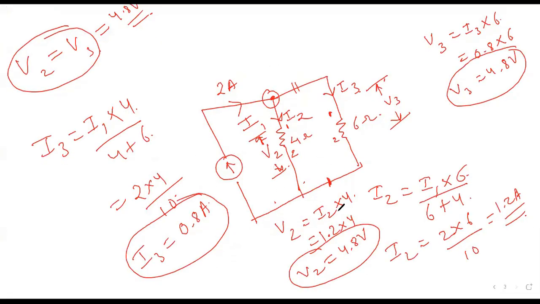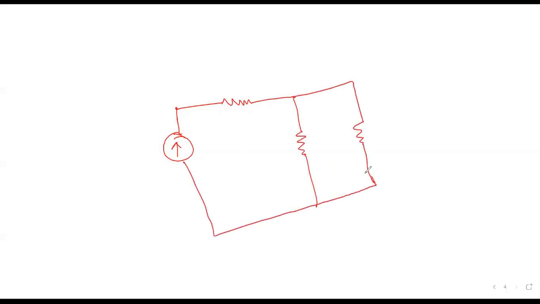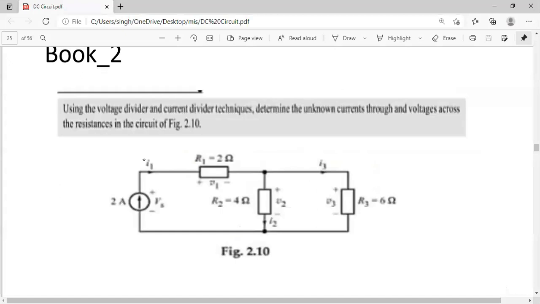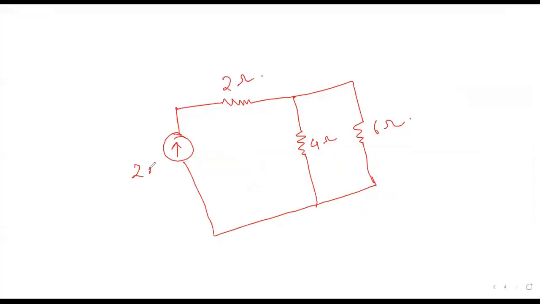So this circuit, which is a combination of 4 and 6 ohms, is nothing but a parallel combination. So what is the resultant or equivalent between these two?